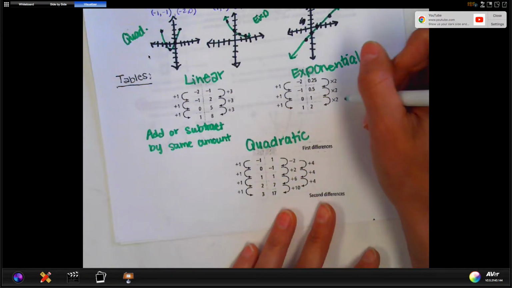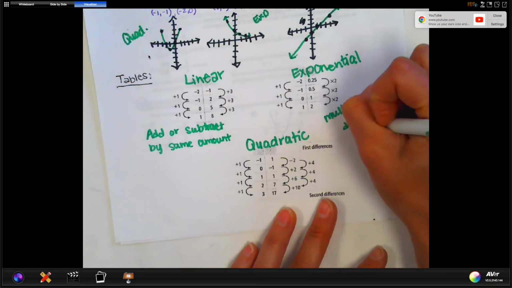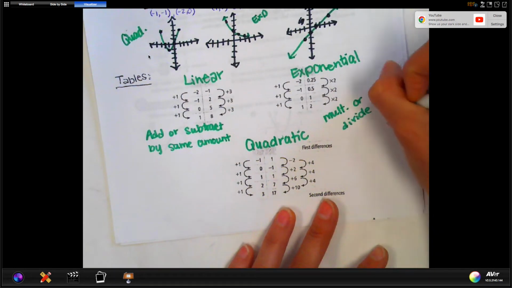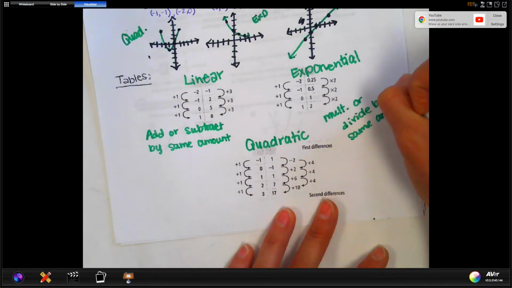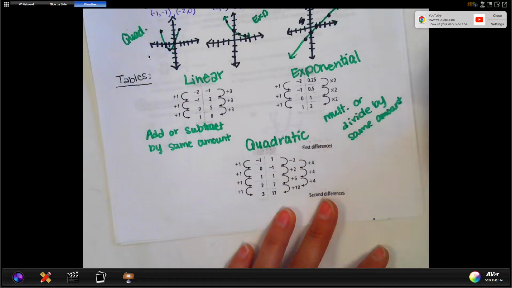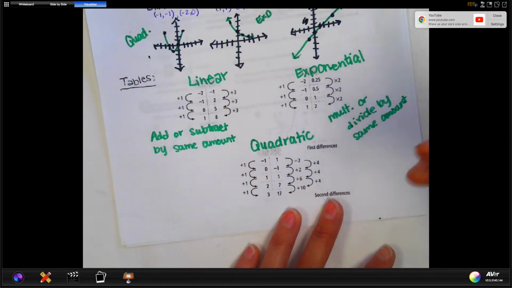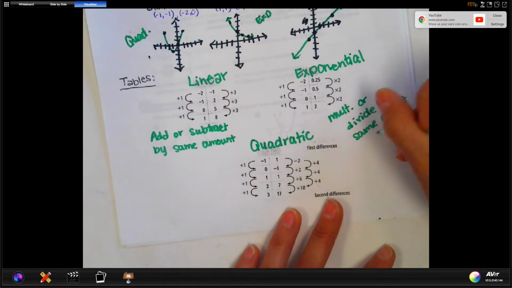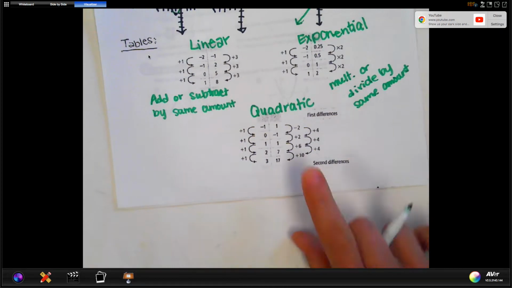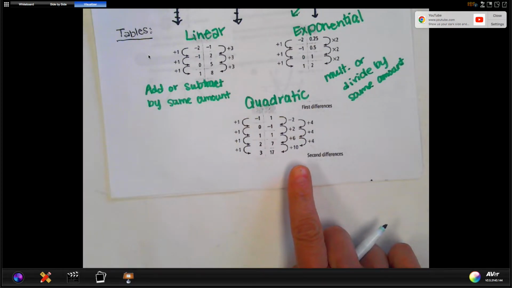So it's really multiply or divide by the same amount each time. Remember that dividing is the same as multiplying by a fraction. When we write the function, we use a fraction, we don't use division.